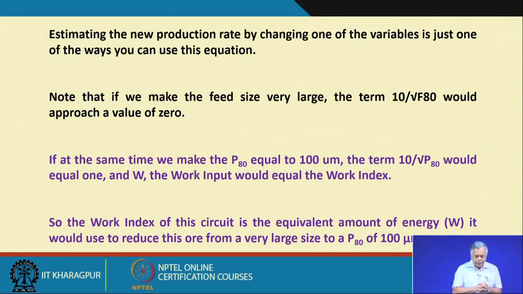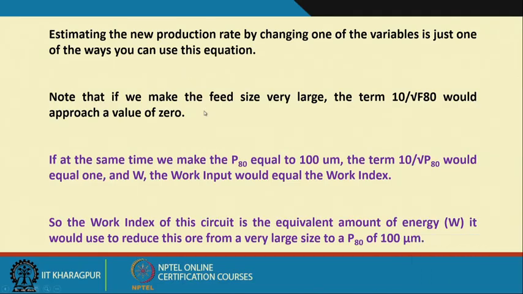So, if we make the feed size very large, now let me explain that what exactly this WI is, when we said that it is coming from a very infinite size to below your 100 micrometer size.